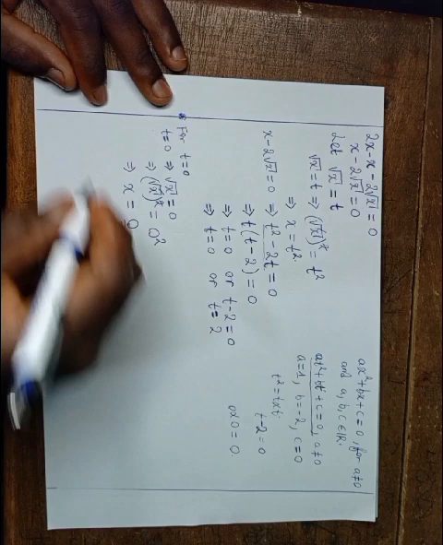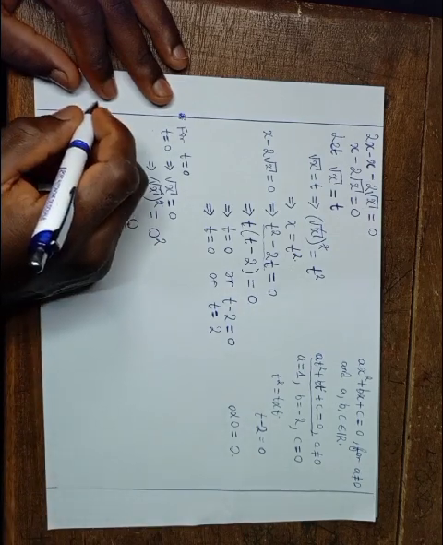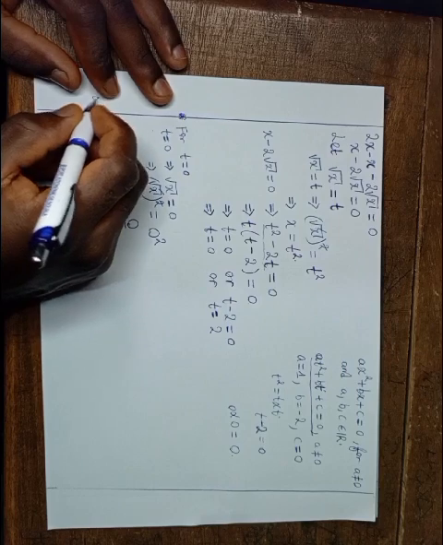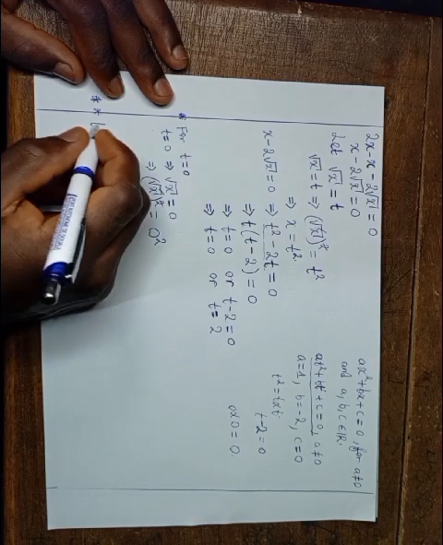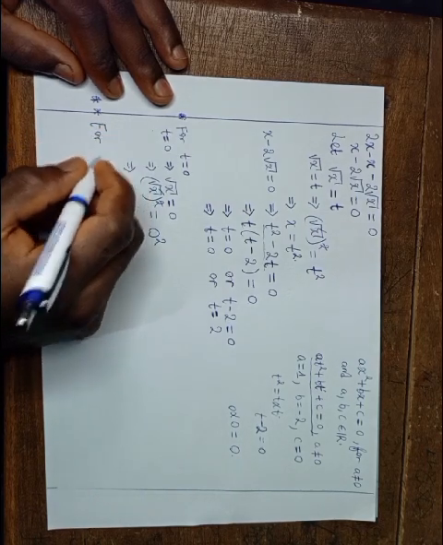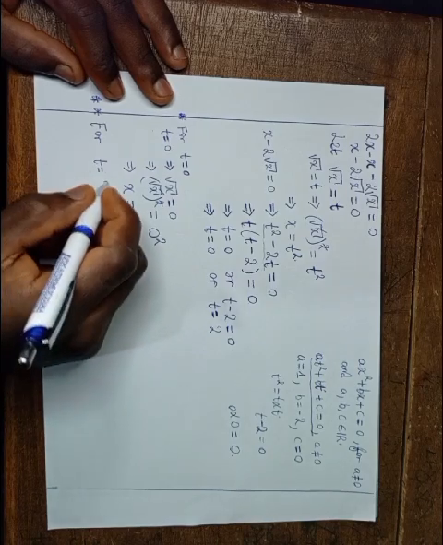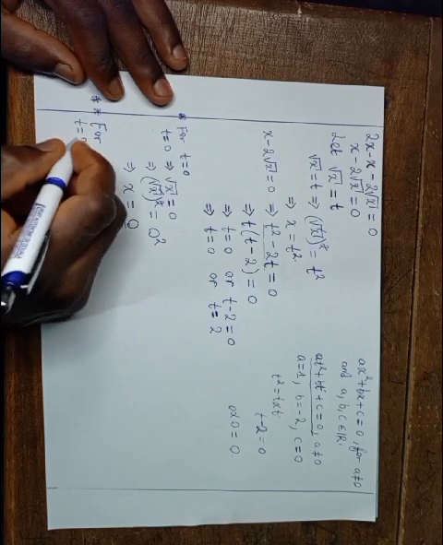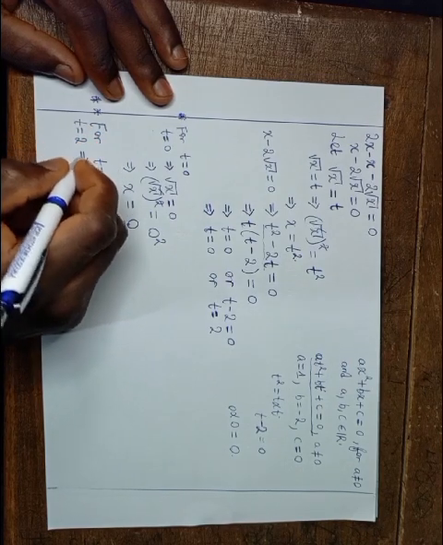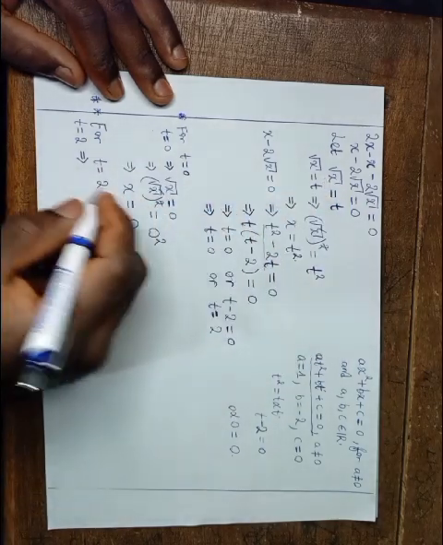We go now to the second part. We'll write 2 star. Second solution, we have for t equal to 2. So t equal to 2, then we know t is simply root x.